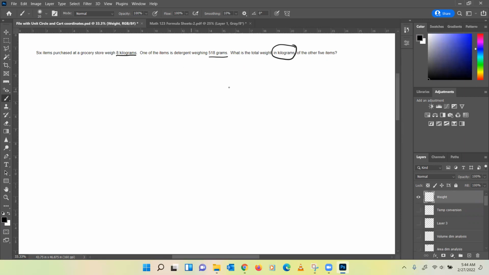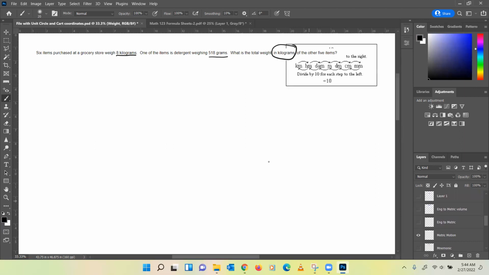Maybe I should convert these grams to kilograms, and then I can do that conversion pretty easily. So if I go back to this table here, 518 grams, to go from grams, now this says meters, but we're replacing all the M's with G's. So I need to get to kilograms from grams.